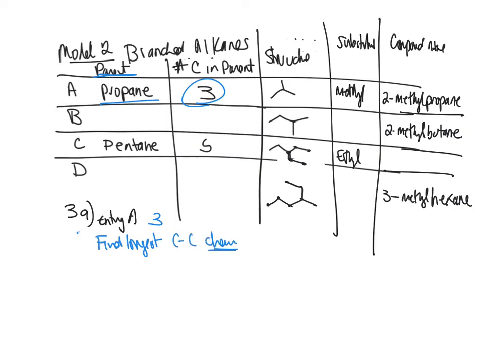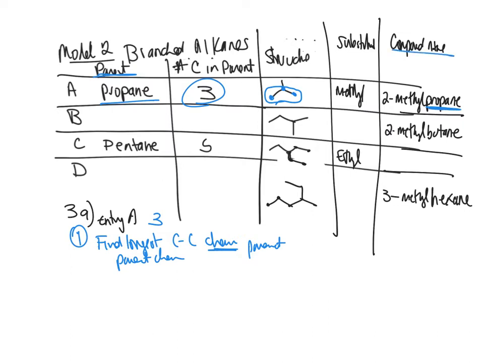That's always step number 1, and that's your parent chain. So here you have 1, 2, 3, and they want you to circle it. So that's your parent chain. And it happens to have 3 carbons. Circle the parent chain, underline the parent in the compound name. It's always at the end. So there's propane in the compound name.